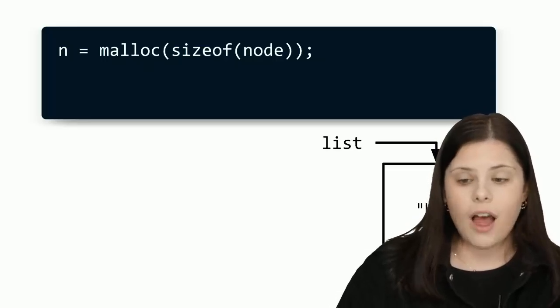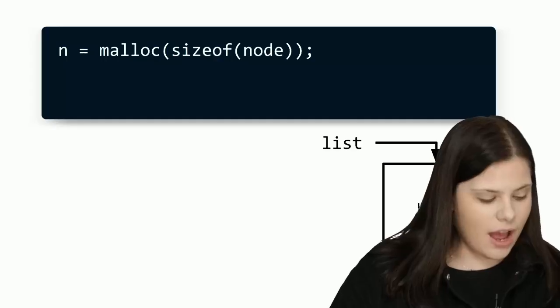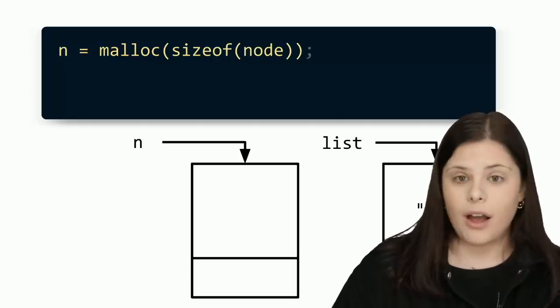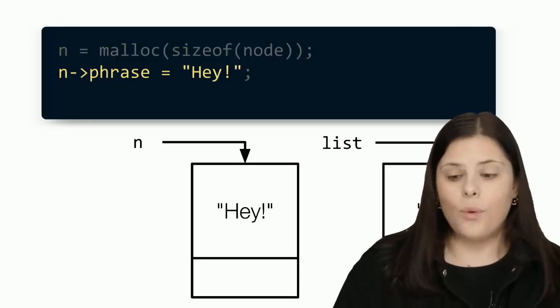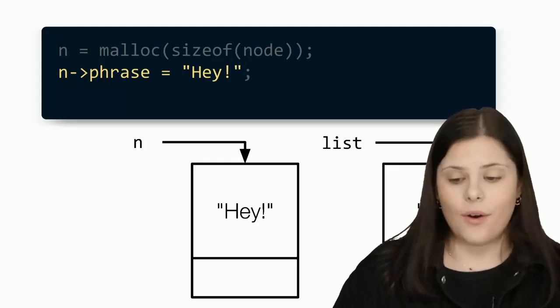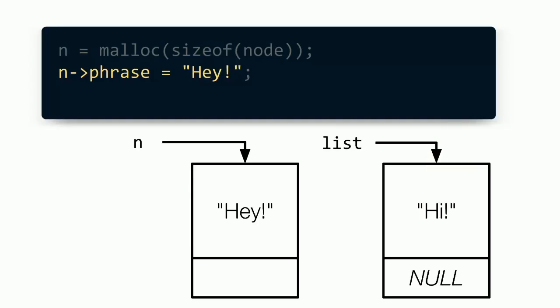We're still going to use malloc, and we're going to use sizeof to create a new empty box. As before, we're going to populate it with a phrase, so for example, "hey." Then, because we want to keep track, we want to connect these nodes. This is where the whole concept of a linked list comes into play.